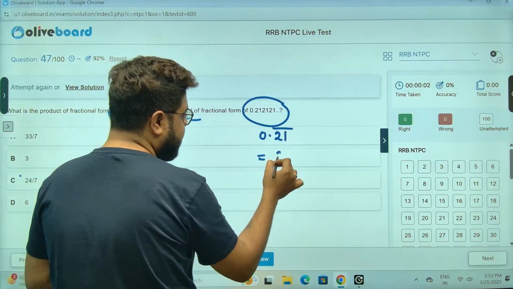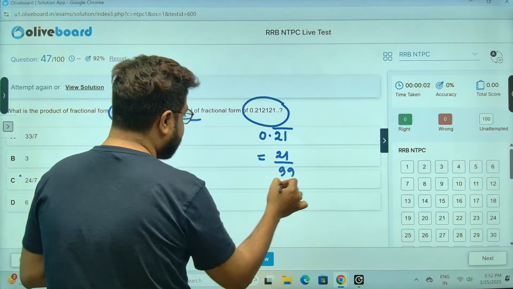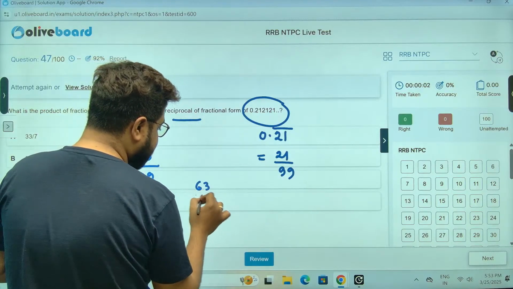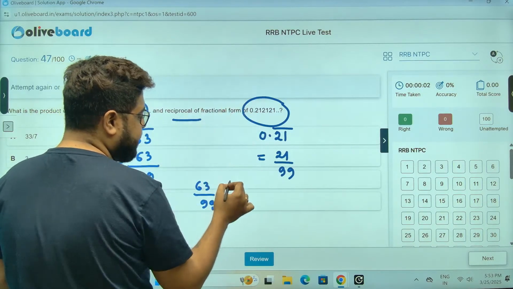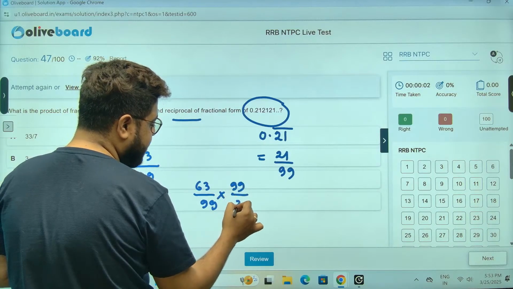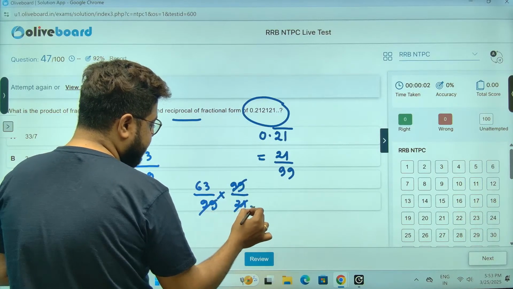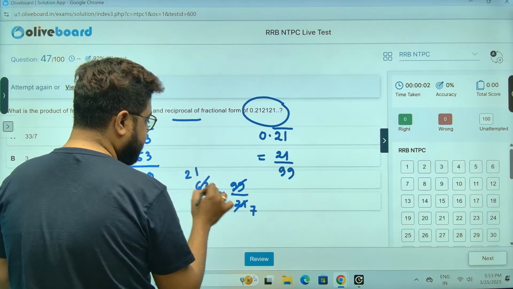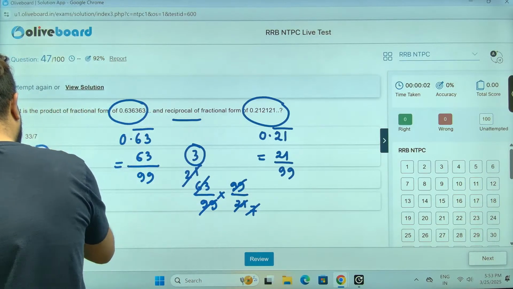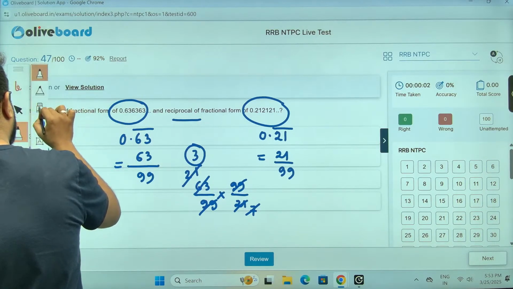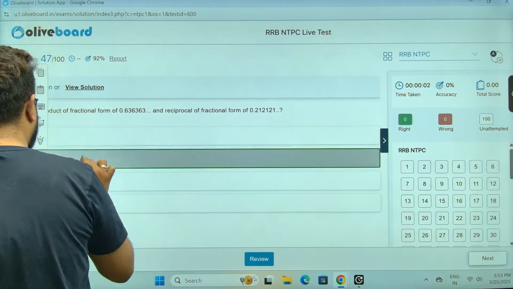This is 21 by 99. So the multiplication is 63 by 99 into the reciprocal, that is 99 by 21. So 3 sevens are 21, 7 threes are 21. The answer is 3. Option number B.